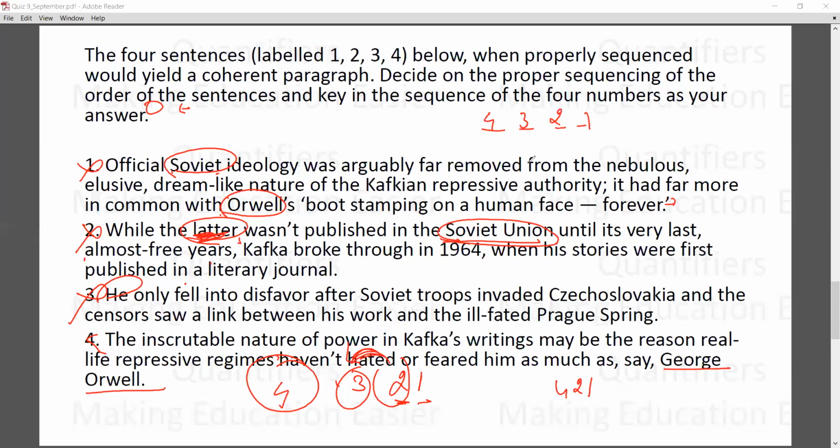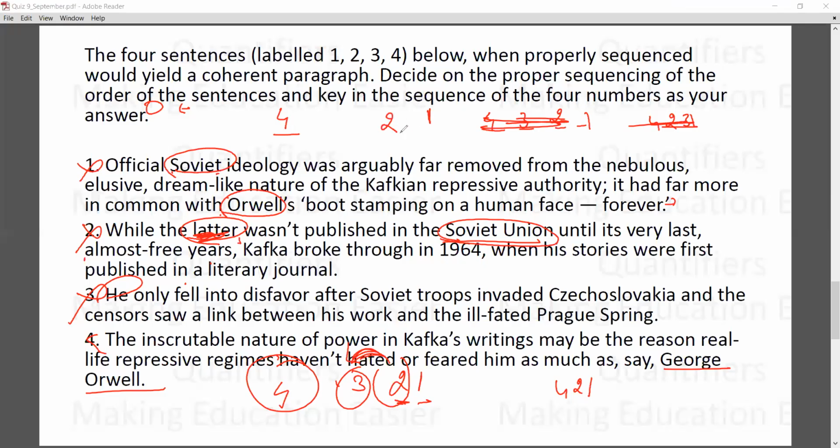So by that logic, 4, 3, 2, 1 is your correct answer. But that was just a trick to actually... by that logic, sorry, 4, 2, 3, 1 can be the case. Sorry, I went in the wrong direction. I thought it was going to be easy, but there can be a multitude of frames formed. One thing we are pretty sure of is that 4 is the first sentence, and 1 will come after 2 for sure.